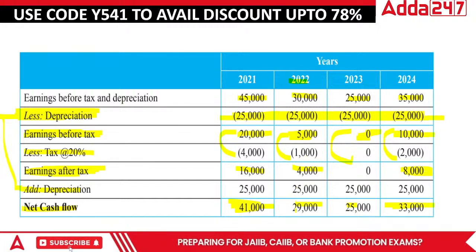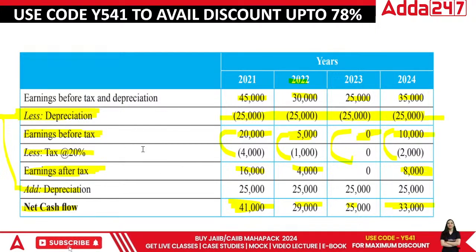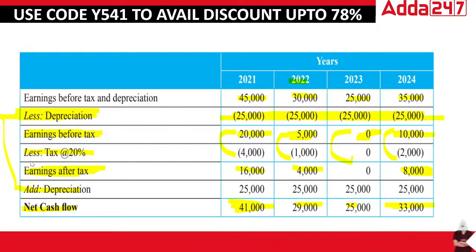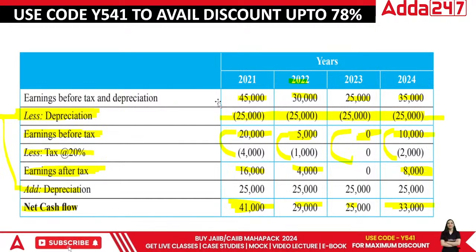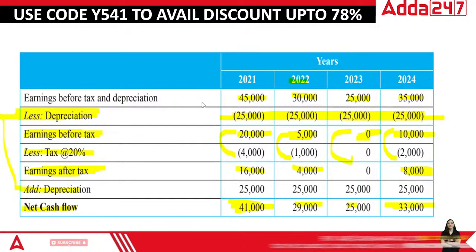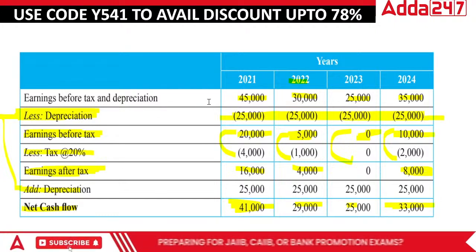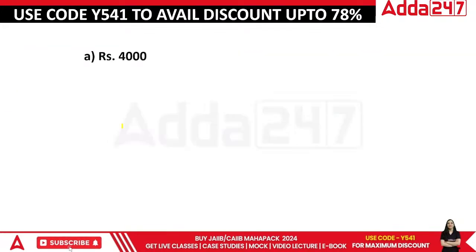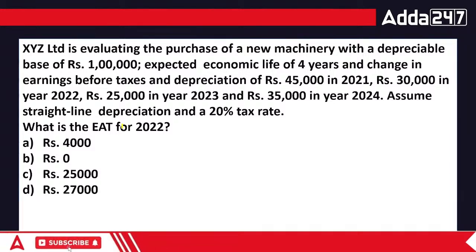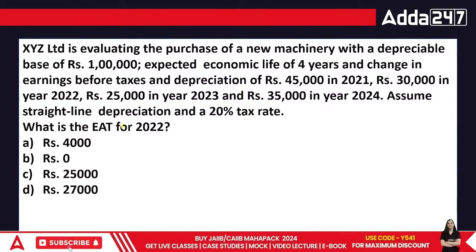Earning after tax, na? So earning after tax is 4,000. So the answer is actually A. You just have to solve the entire question and the question becomes extremely easy for you. Isn't it, everyone?